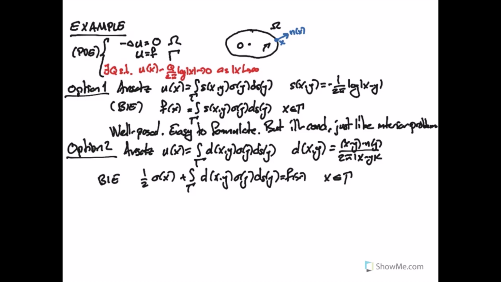But there's a problem here, which is, if you look at this kernel D as x grows, you see that as x goes to infinity, the absolute value of D(x, y) will scale as 1 over absolute value x. So what does that mean?